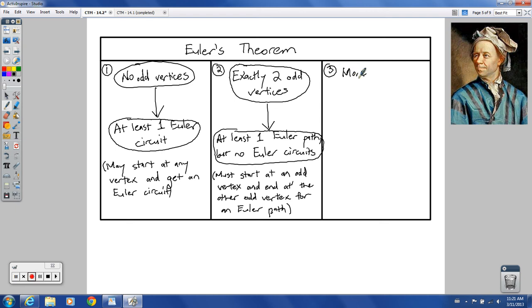And then number 3, if you have more than 2. So this one was exactly 2, this one was none, no odd vertices. More than 2 odd vertices.